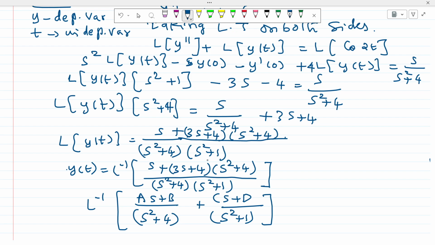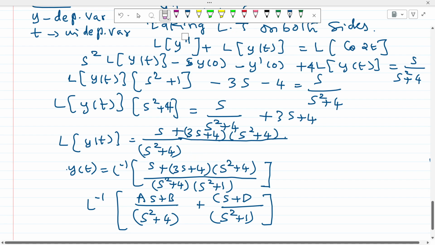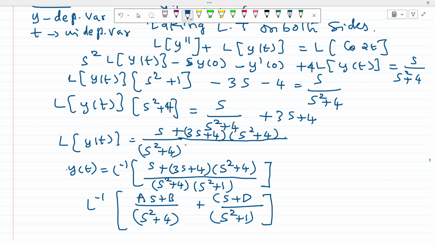So s square plus 4 into s square plus 4. Please change it to s square plus 4 whole square. There is no s square plus 1.